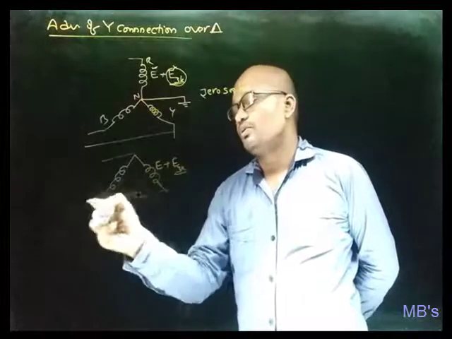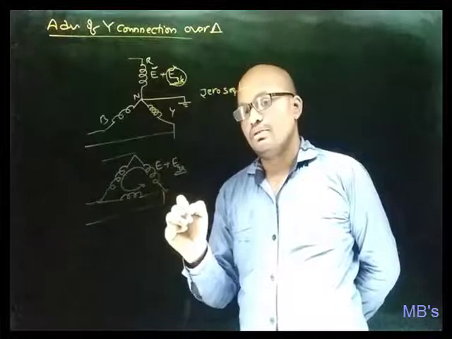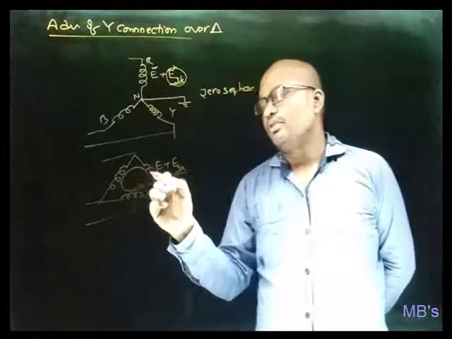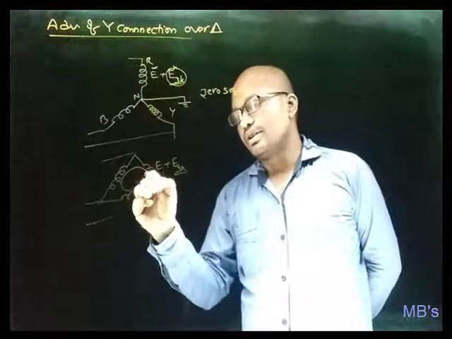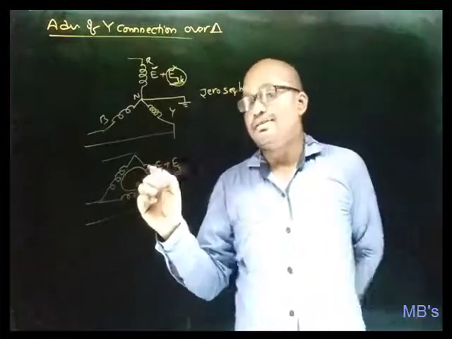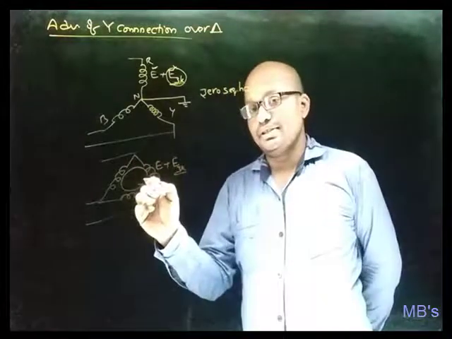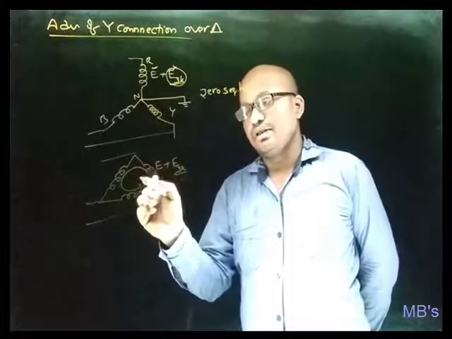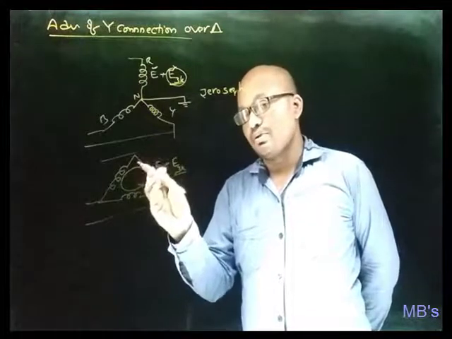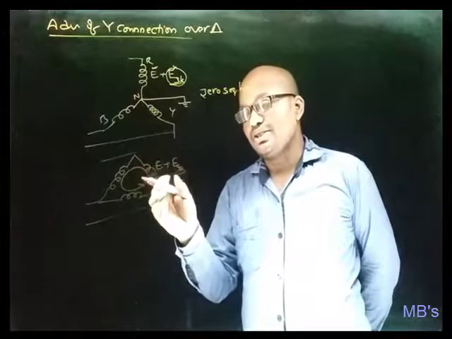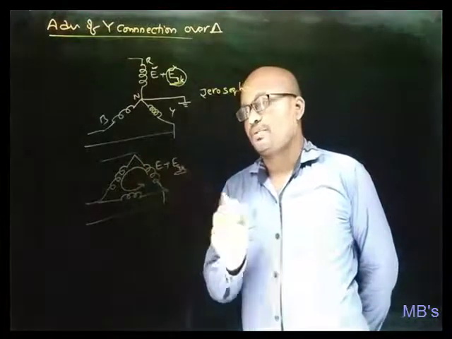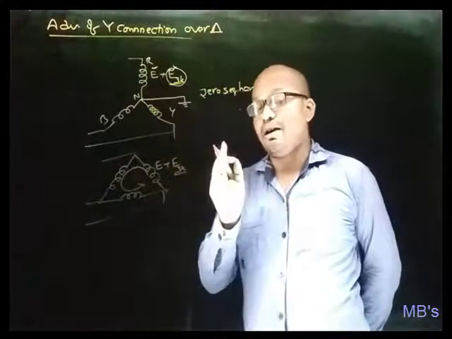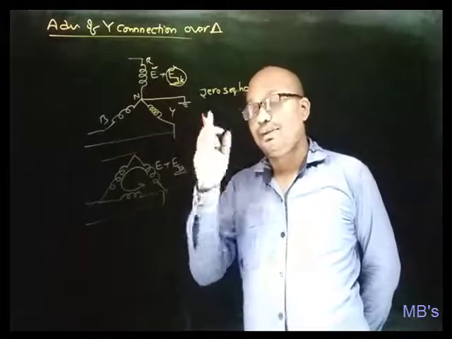Because delta is a closed circuit, the triplen harmonics will find a path and circulating currents will flow. As they are in aiding polarity, they add up and heat up the winding, appearing in the form of copper losses, so our efficiency will get reduced. That is why we prefer the star connection in alternators over delta connection.